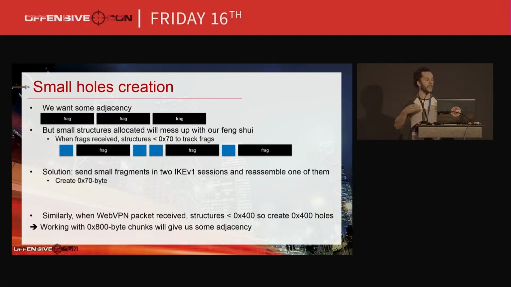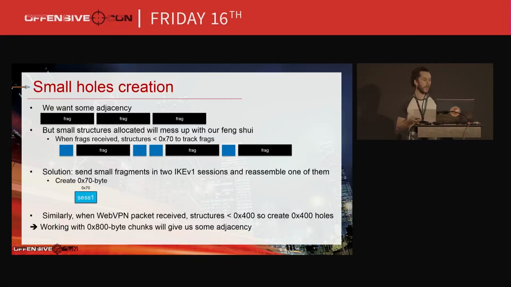To avoid having them mess up our feng shui, because what we want basically, in the first line, is the different 800 fragments all next to each other, but we end up having some small allocations, like in the second line in blue, that end up being in the middle and mess up our feng shui. We want to avoid them. So what we do is previously create a small hole. So next time we send our fragment, the small blue chunk will go into our holes and we'll get the adjacency we want on top.